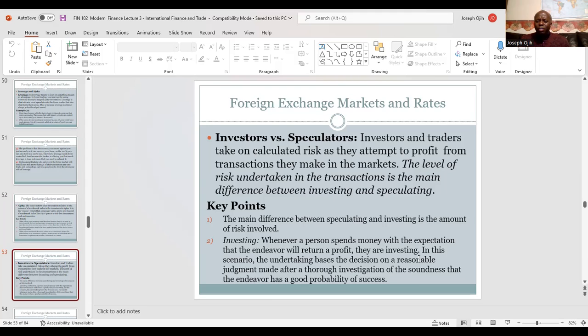The investor bases their decision on a reasonable judgment made after a thorough investigation of the soundness of that asset. So they make a thorough investigation to make sure it has a good probability of success.